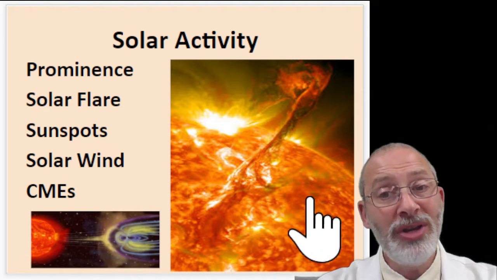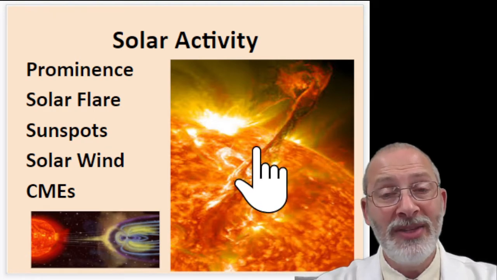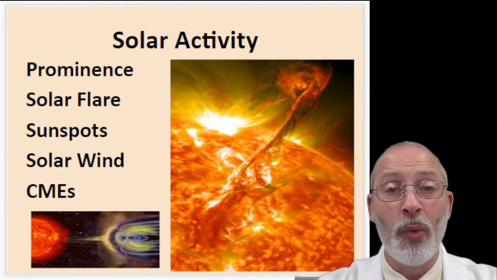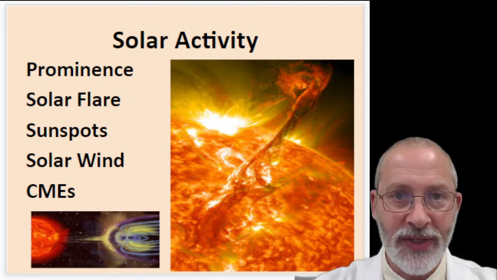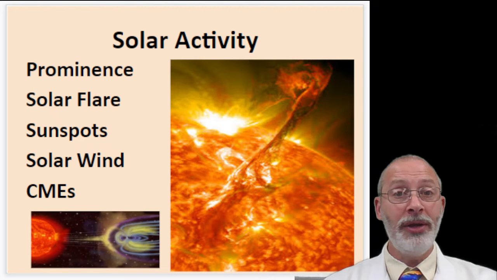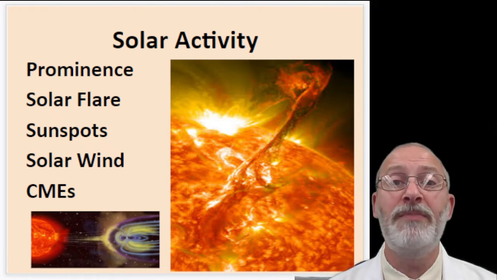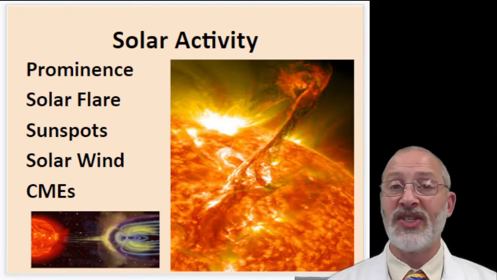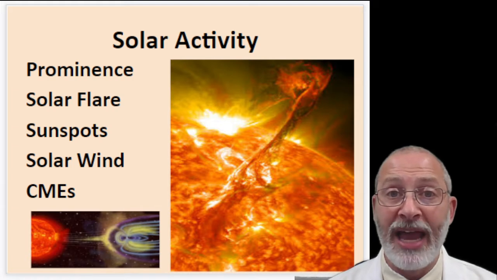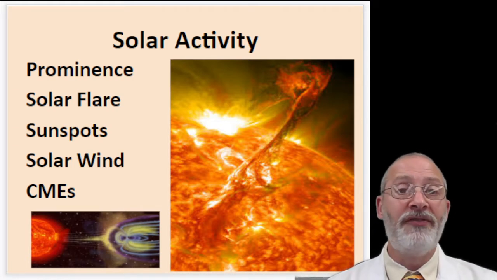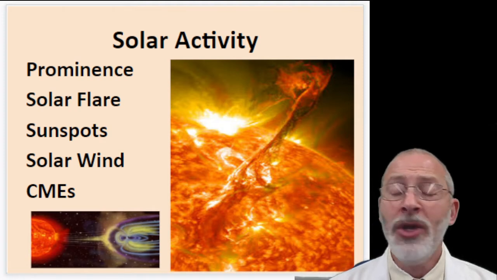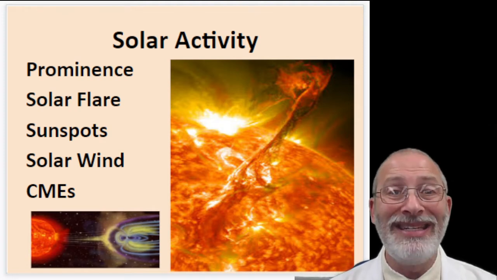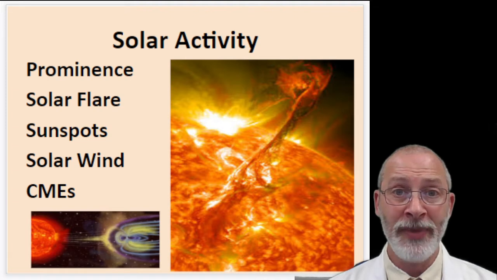But if you look at the surface of the sun, this is not a place you would ever want to visit. It is a violent place. However, as we all know, it is the sun that keeps us alive and sustains life on planet Earth. 150 million kilometers away from our planet, we are entirely dependent upon the sun.